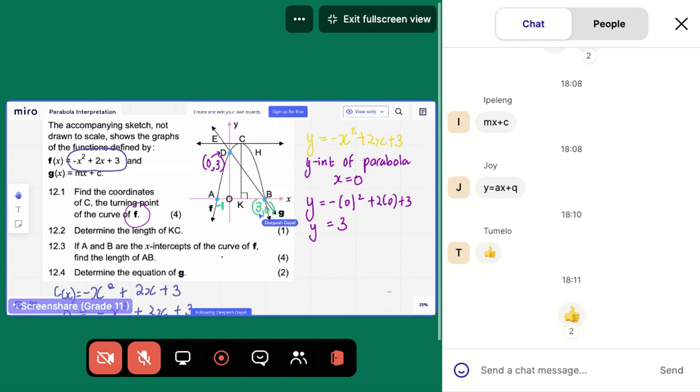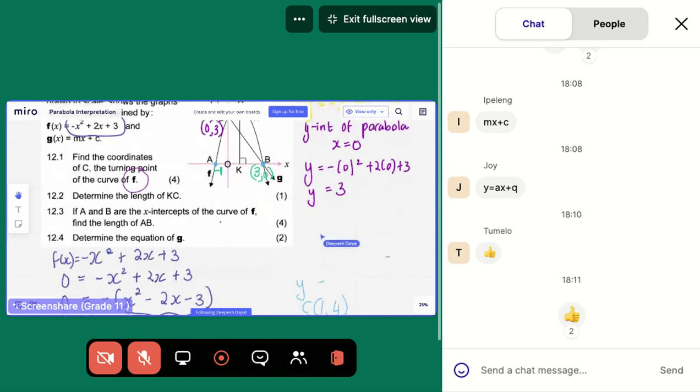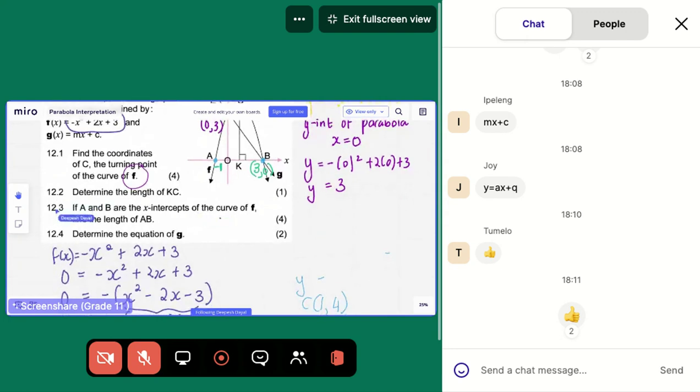Let's move a bit down. To find the gradient of the straight line, we're going to do change of y and change of x. So the gradient of the straight line G: m equals y2 minus y1 over x2 minus x1.